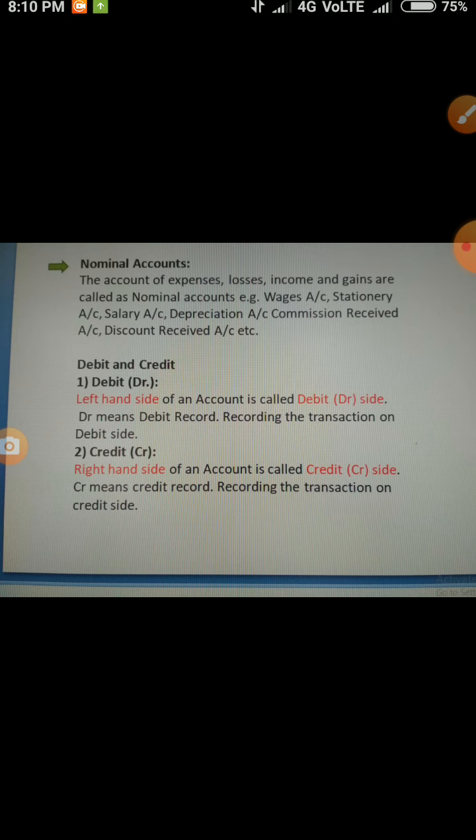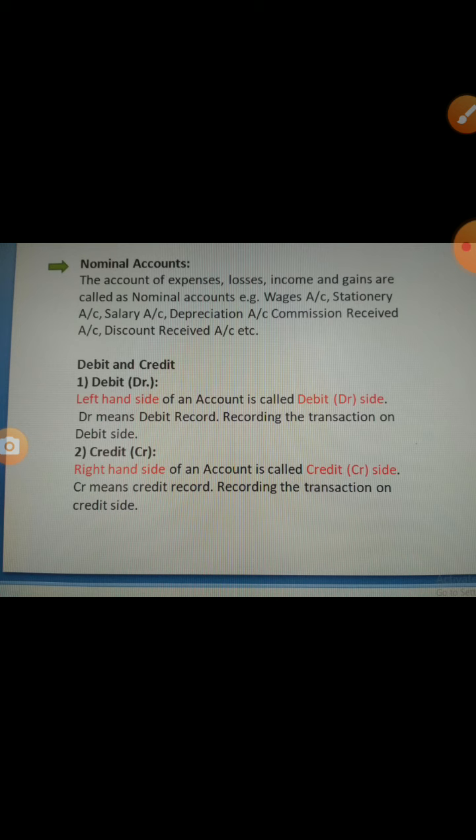Now here I am giving some examples. You have to bifurcate those examples in personal account, real account and nominal account heading.